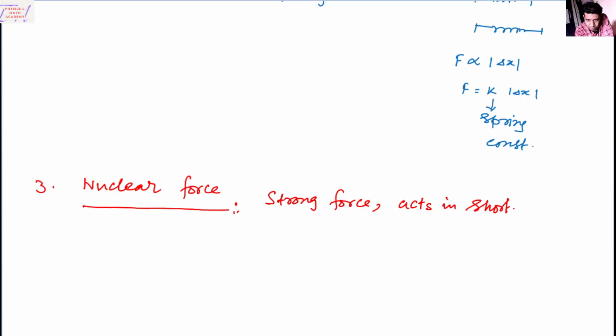It is charge independent, that is, the force between proton-proton is almost equal to the force between proton-neutron and neutron-neutron.